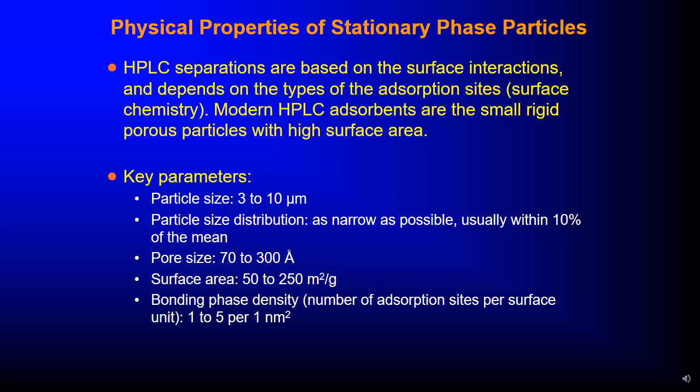And then bonding phase density, the number of adsorption sites per surface, is 1 to 5 per square nanometer. So you can see there is a large number of adsorption sites, so it's very efficient.